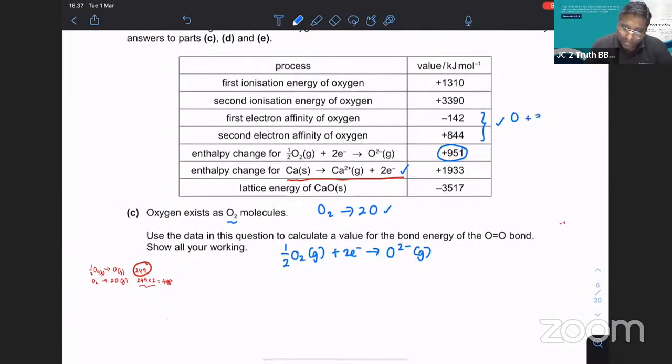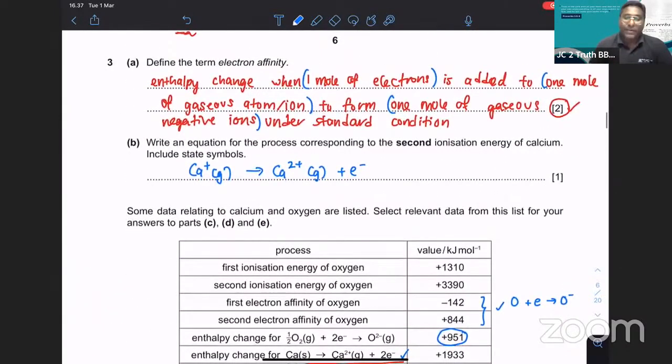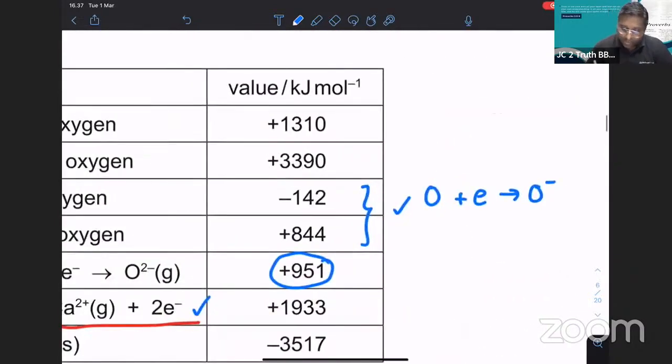So oxygen adds an electron and gives you O minus. And according to our definition, 1 mole of electrons is added to 1 mole of gaseous atoms or ions. So this one must be gas. Okay, so I just put that over there.